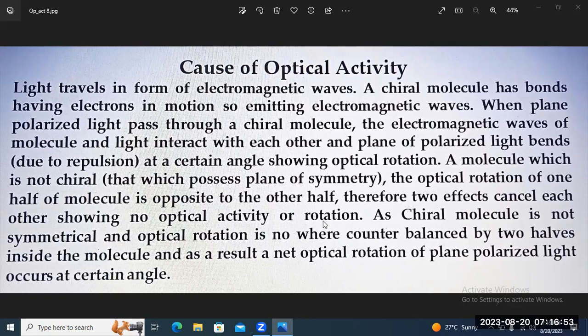As a chiral molecule is not symmetrical and optical rotation is nowhere counterbalanced by two halves inside the molecule, a net optical rotation of plane polarized light occurs at a certain angle.